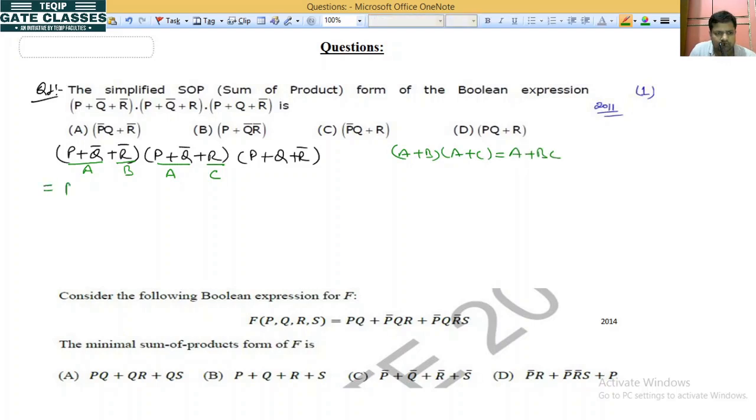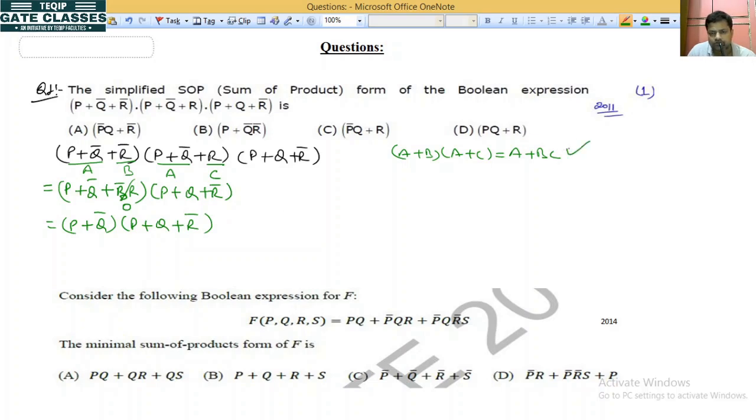So a is p plus q bar, plus a plus bc. A is over, bc is r bar r, and we have p plus q plus r bar. So it will be 0. So we will get (p plus q bar) and (p plus q plus r bar).